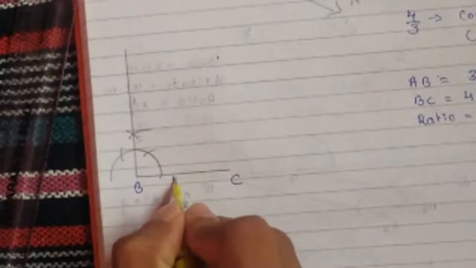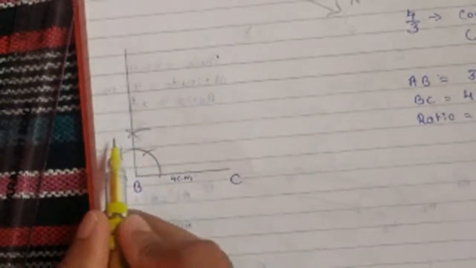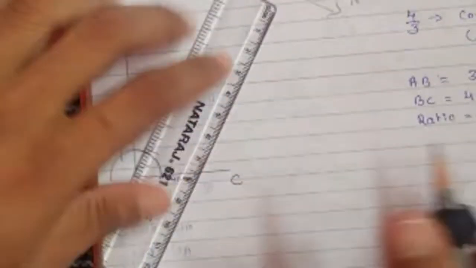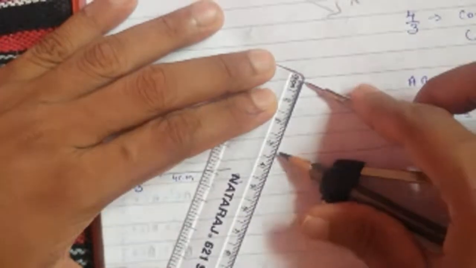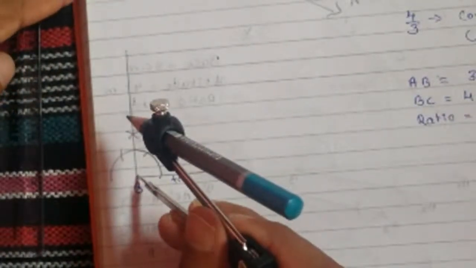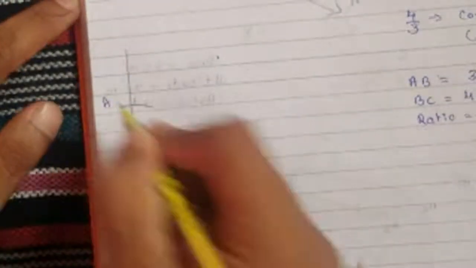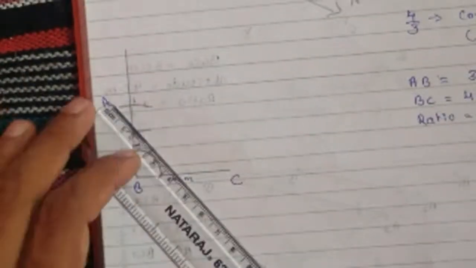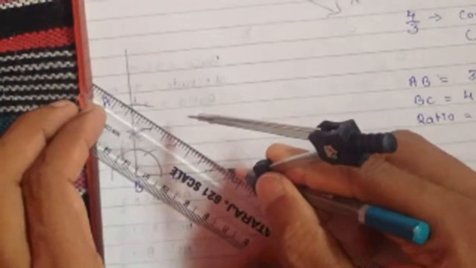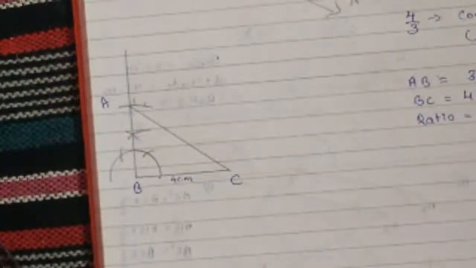Already I took this as 4 centimeter, so this must be 3 centimeter. With the help of scale and compass I'll consider a 3 centimeter length, and from point B I'll mark point A. Then I'll join these two points, so now I joined the points A and C.